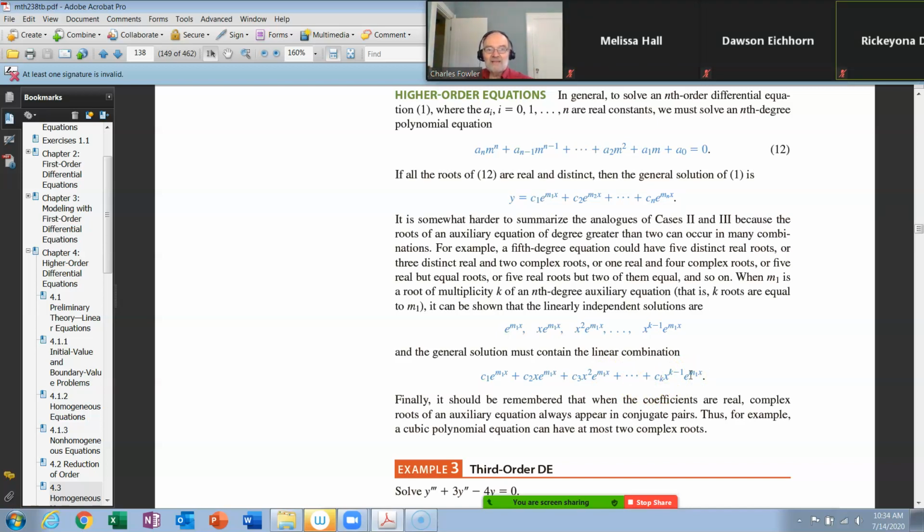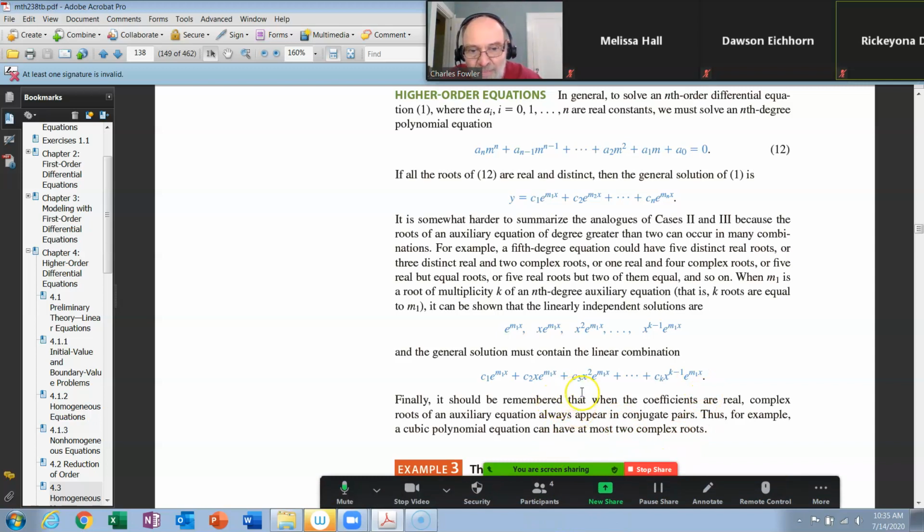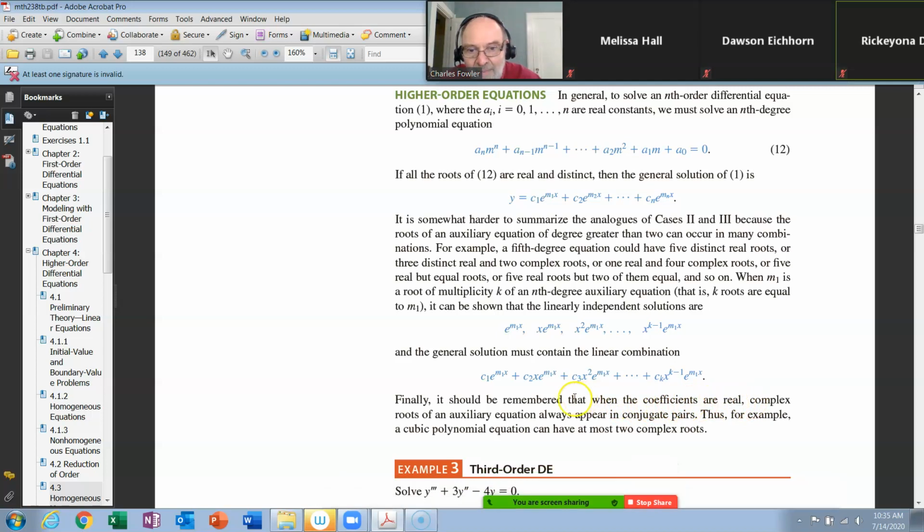Now, here's a little statement they make. It should be remembered that when the coefficients are real, complex roots of an auxiliary equation will always appear in conjugate pairs.